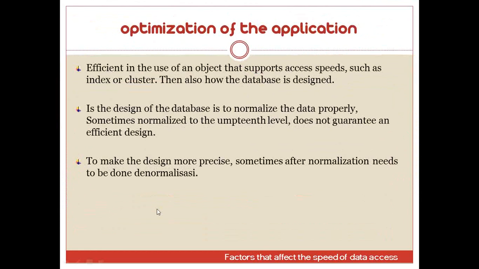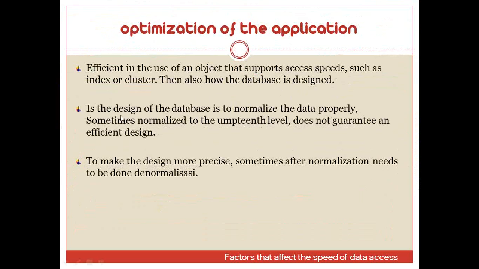Next, another factor that affects the speed of data access is optimization of the application: efficient use of objects that support it, such as index or cluster. Then also how the database is designed. Designing a database is an important stage.